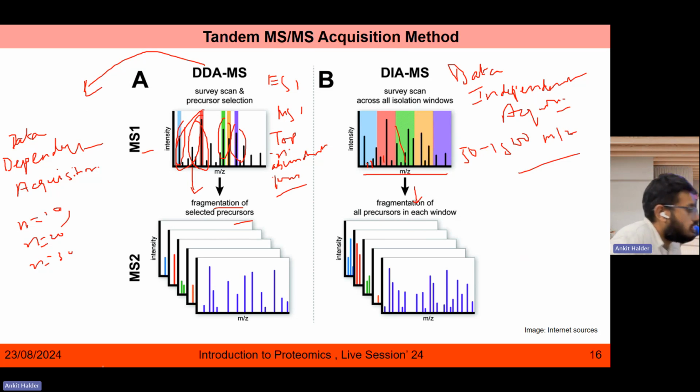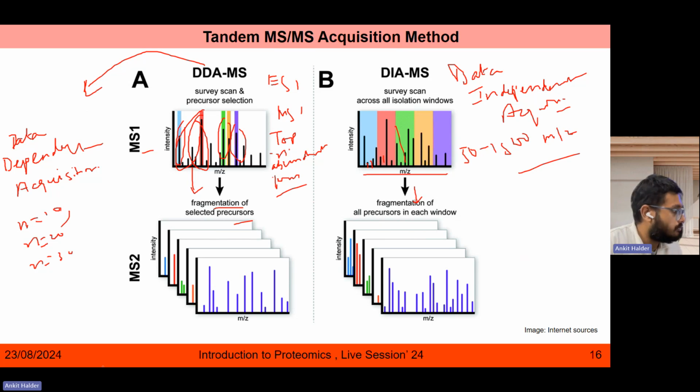Okay, so these are the two acquisition methods. One is data dependent acquisition in tandem MSMS, where which precursor peaks you are going to fragment depends on your intensity levels or abundance levels.